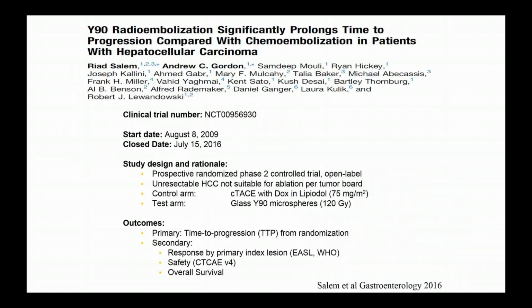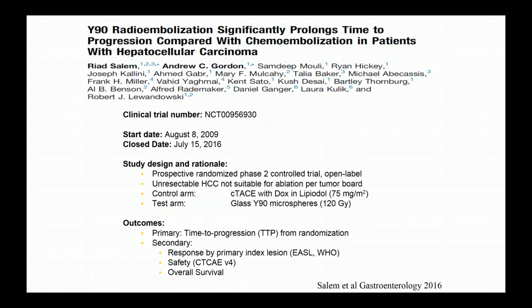This is a randomized study that was done at Northwestern from 2009 to 2016, and they published their results in 2016. They randomized patients to the standard arm, conventional TACE, versus the treatment arm, which was Y90 glass microspheres, and they looked at time to tumor progression.